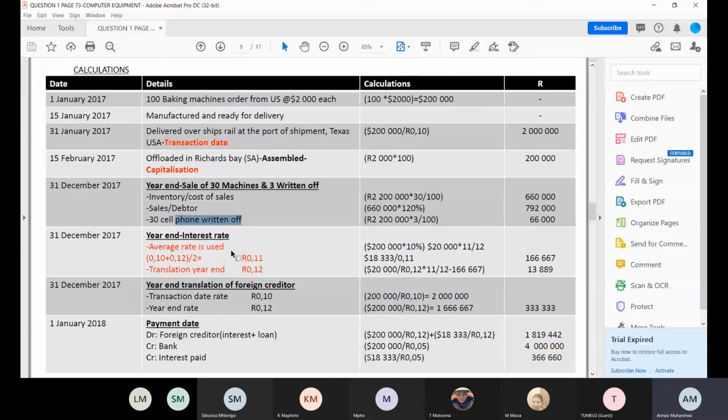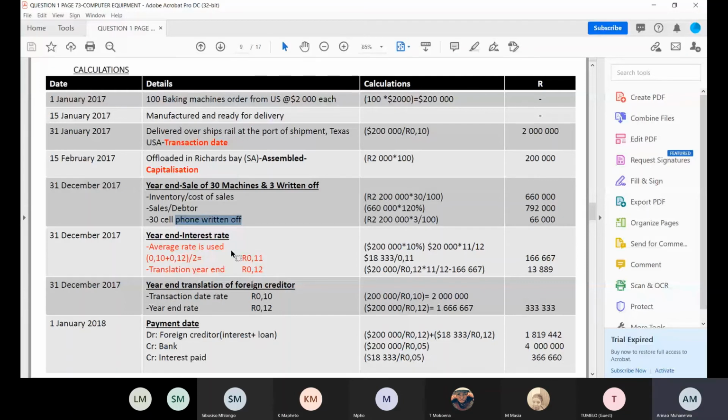You haven't paid anything, so you must add it on top of what you owe. This amount is going to increase what you owe. So instead of us owing 200,000, we need to add 20,000, which is in US dollars. In other words, now we are owing 220,000, because we haven't paid it.